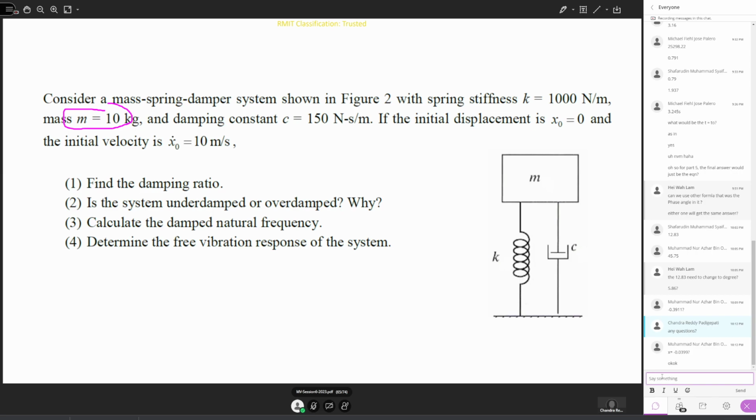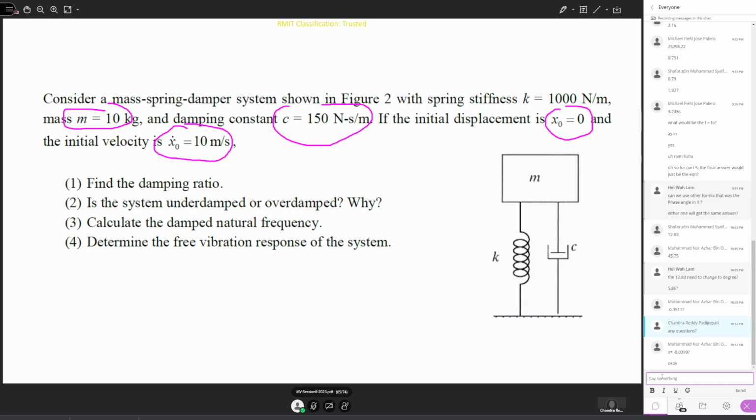The mass is given, the damping constant is given, the initial displacement is 0, and the initial velocity is 10 meters per second. The first part of the question asks: what is the damping ratio?